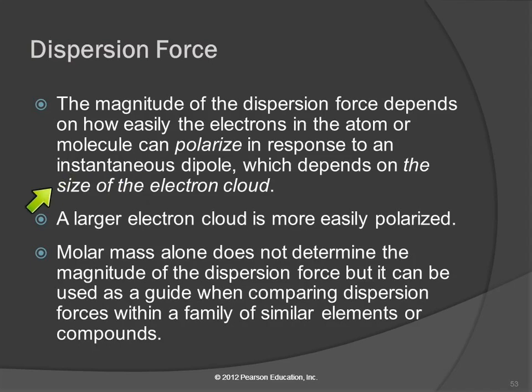And this is going to depend on the size of the electron cloud. If you have a large electron cloud, it's more easily polarized. So you've got a big crowd of electrons and an instantaneous dipole. They will more easily form another instantaneous dipole. I gave the example of children at Disneyland.